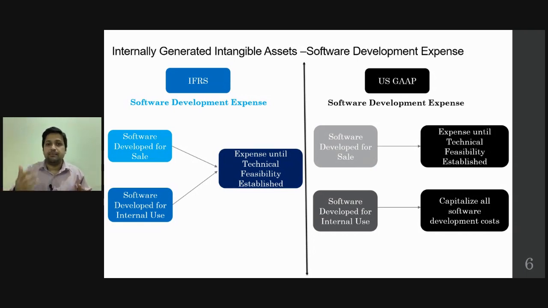It can only be capitalized when certain conditions are met. But remember, when it comes to US GAAP, software developed for internal use will always be capitalized. However, software developed for sale will only be capitalized when technical and commercial feasibility have been established.